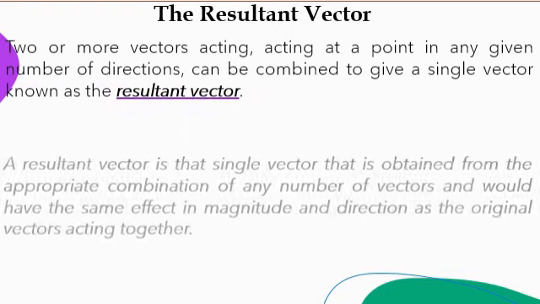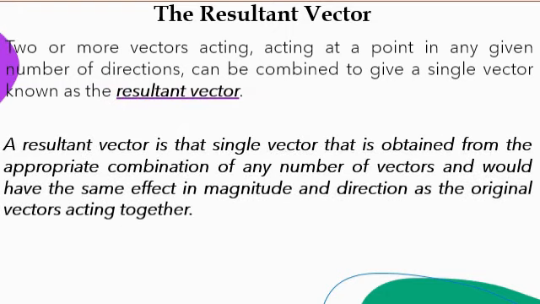So a resultant vector is that single vector that is obtained from the appropriate combination of any number of vectors and will have the same effect in magnitude and direction as the original vectors acting together.